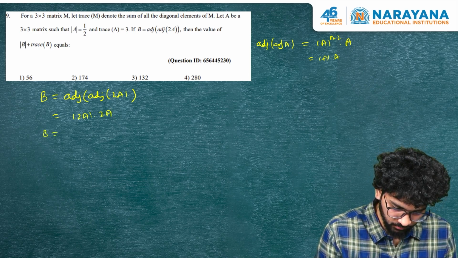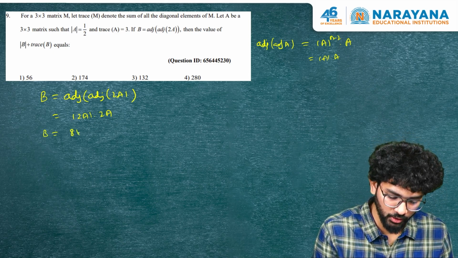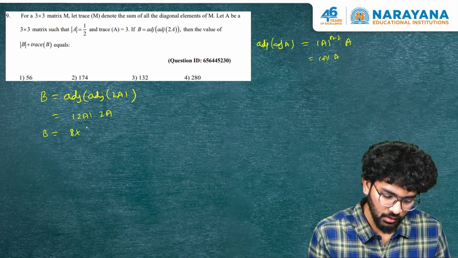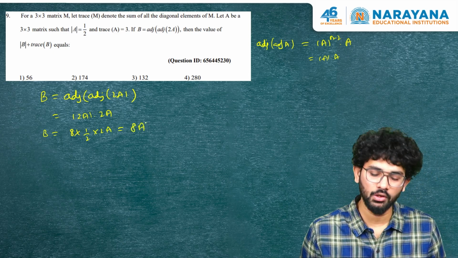So B will become determinant of 2A, which means 2 cube, because 2 will come outside, into determinant of A which is 1 by 2, into 2A. So this is 8A. B is equal to 8A.